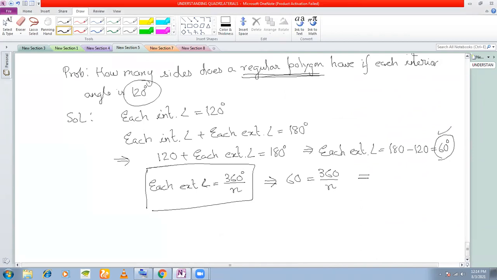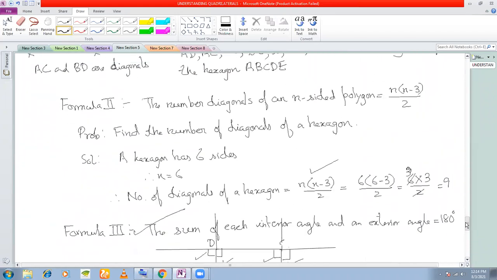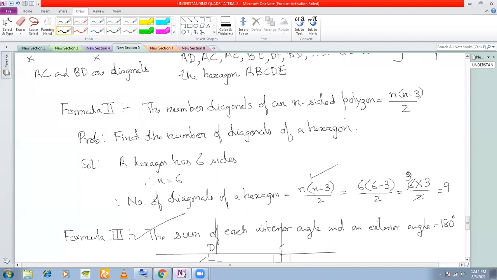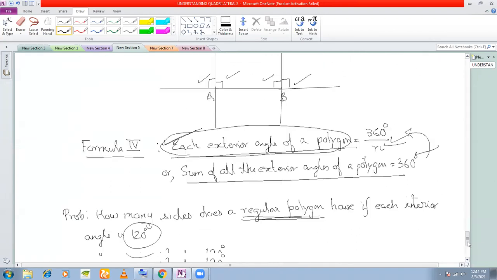So now you cross multiply, you get 60n is equal to 360. That means n is 360 divided by 60. Sir, can you explain formula number 2? Yes, number of diagonals. Okay, I'm coming to that.